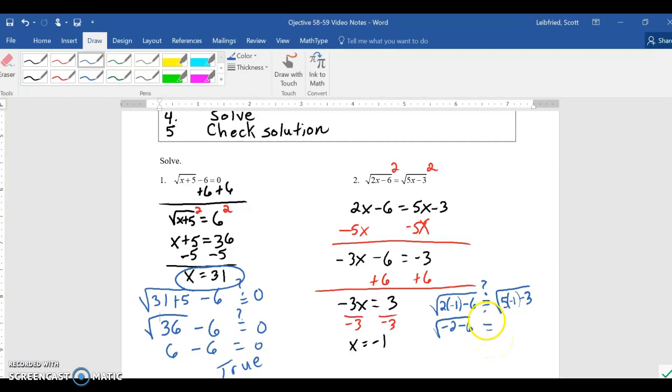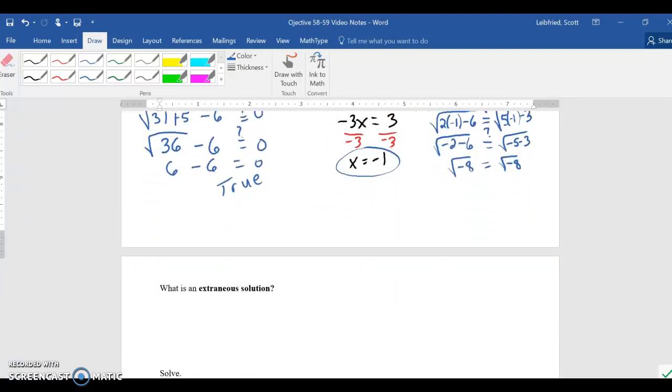On this side, I get the square root of negative 5 minus 3. So I get the square root of negative 8 and the square root of negative 8. You're going to learn in Algebra 2 that the square root of negative 8 is technically not possible. It's a non-real answer. However, when we plugged in negative 1, we did get the left side equal to the right side, so therefore this is a valid answer. As long as your left side equals your right side, you're good to go.